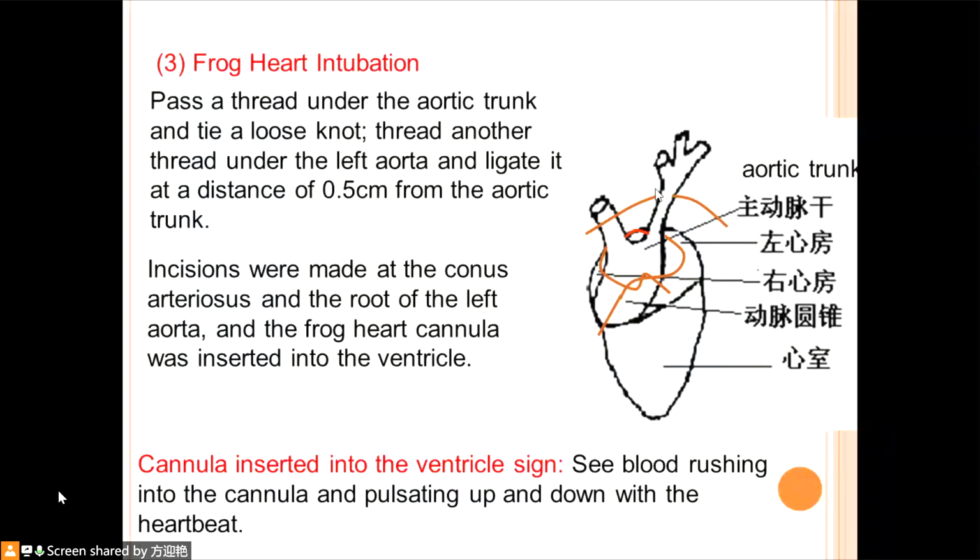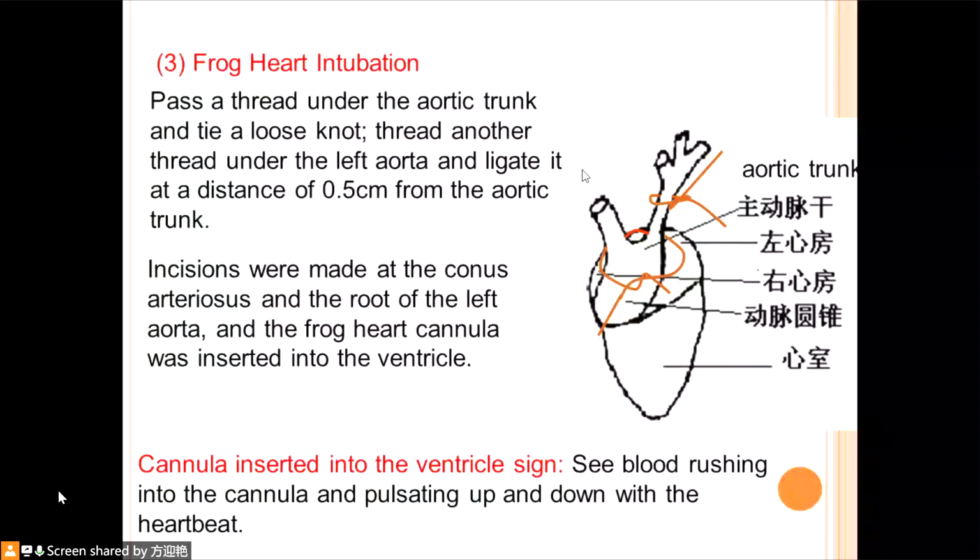This second thread we will tie around the aortic arch, and also the right aortic branch we tie tightly, and here we tie or leave it loose, and there we will cut.